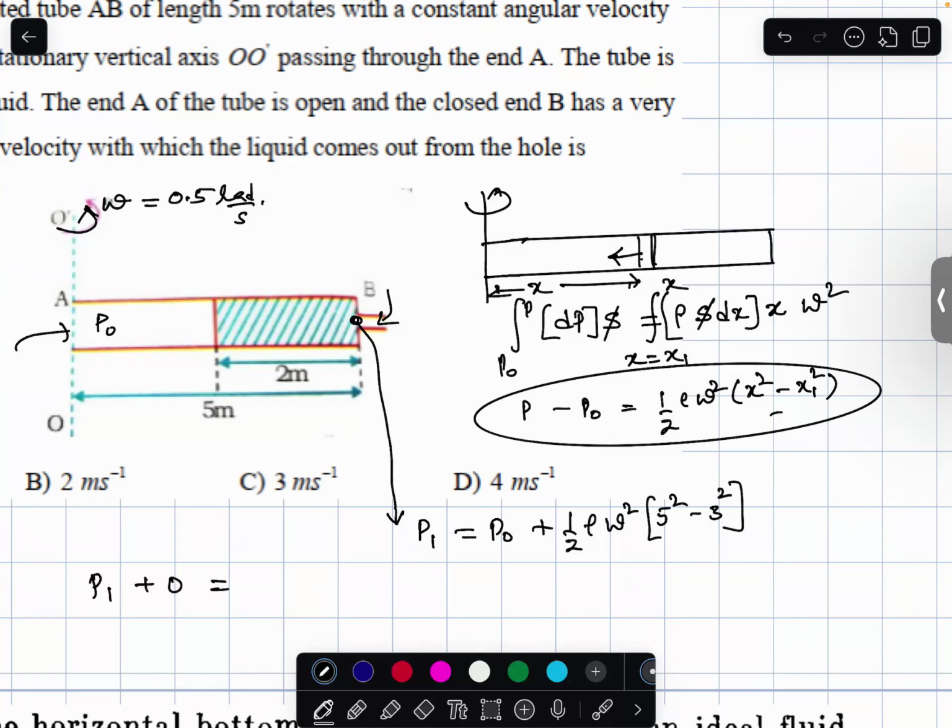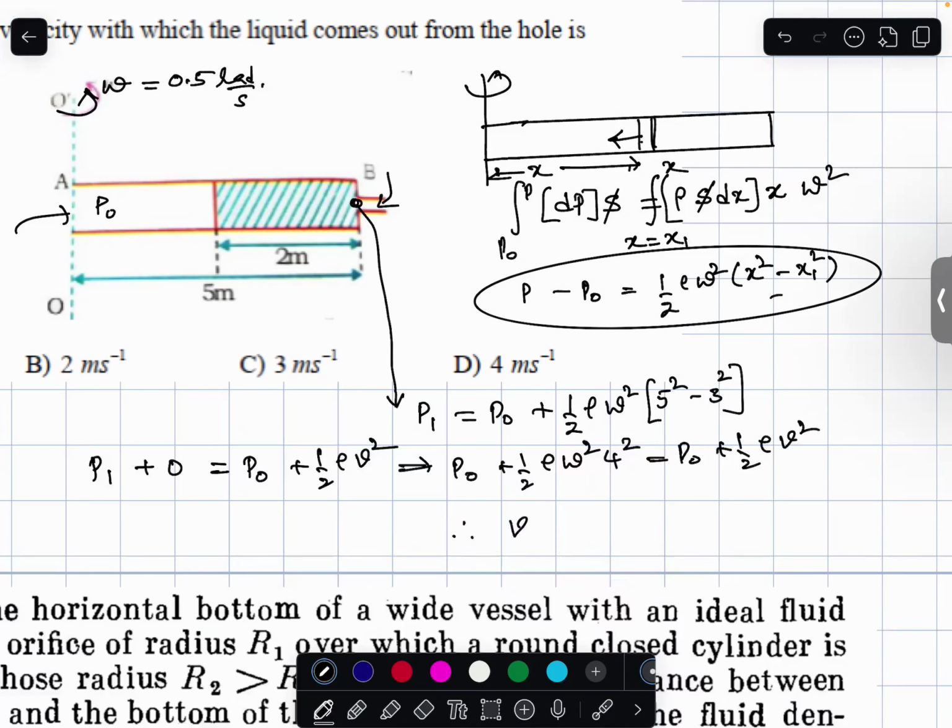P1 plus 0 is equal to P naught plus half rho V square, which implies P naught plus half rho omega square 4 square is P naught plus half rho V square. Velocity is equal to omega times 4, which is half times 4, 2 meters per second.